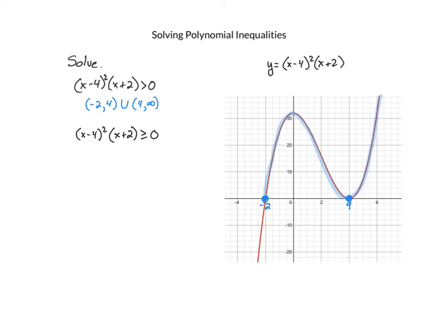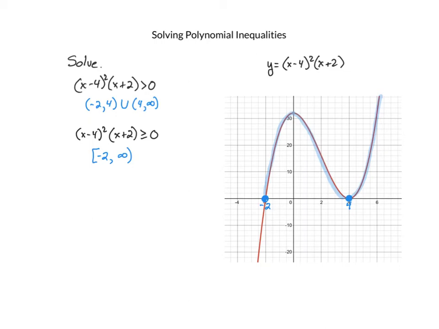So when we're writing our solution in interval notation, we now don't need to break at 4. We'll start at -2 with brackets around the -2, and we'll move all the way to the right toward positive infinity. And our solution looks like that.